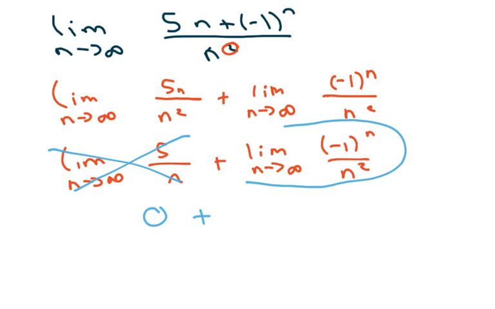Now again, if you look at this, the numerator alternates between negative 1 and 1. As n approaches infinity, the denominator gets really big, so increasingly large.